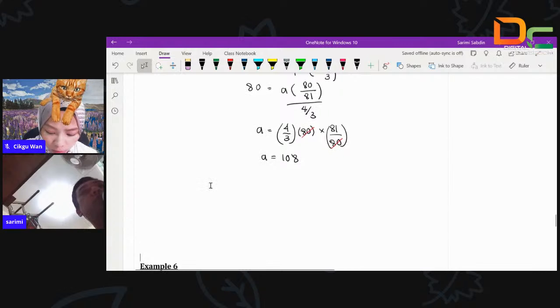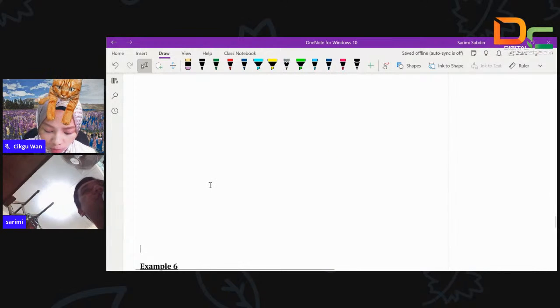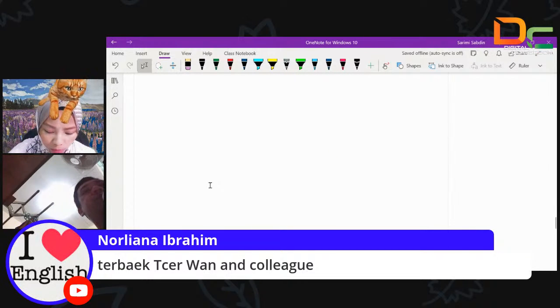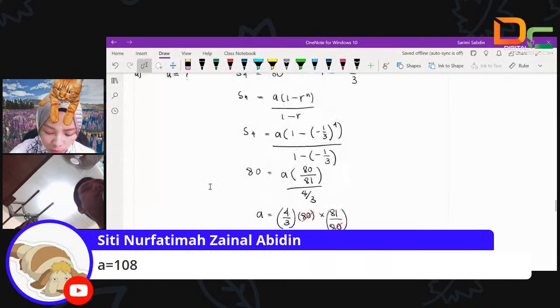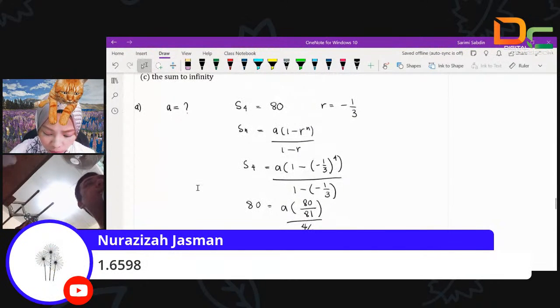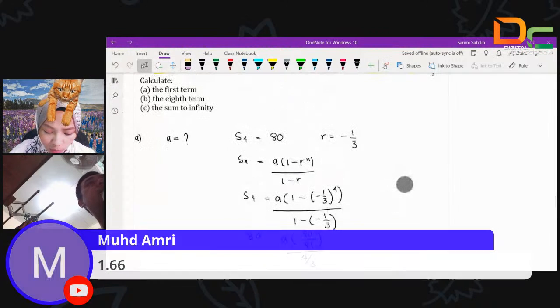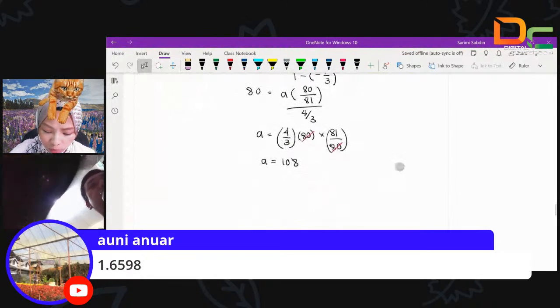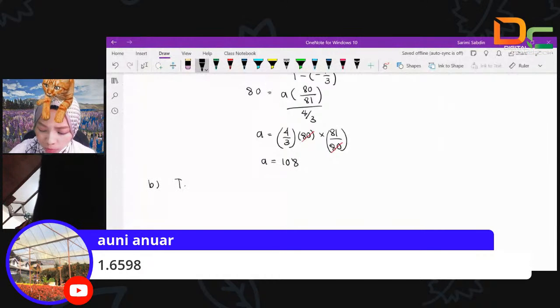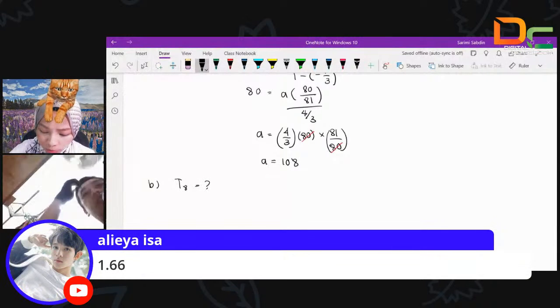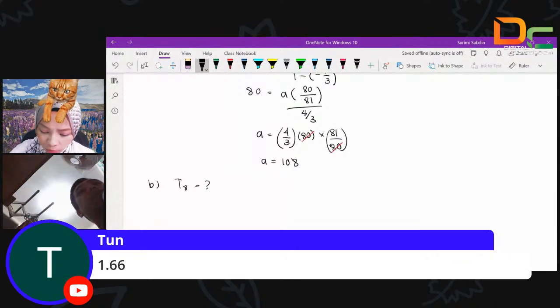Right, so we found the value of A, or the first term, is 108. So settle with the first part of the question. Then part B, find the eighth term. Eighth term means T8.